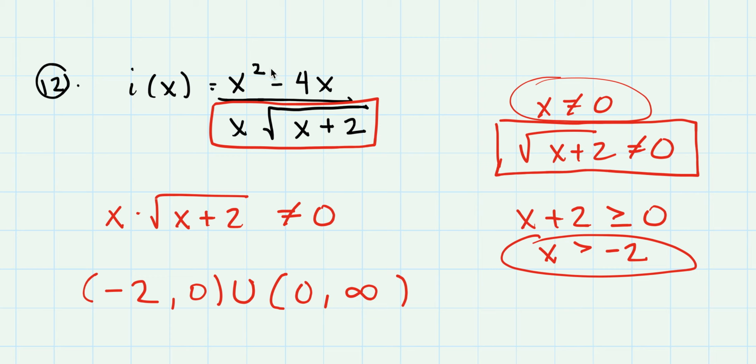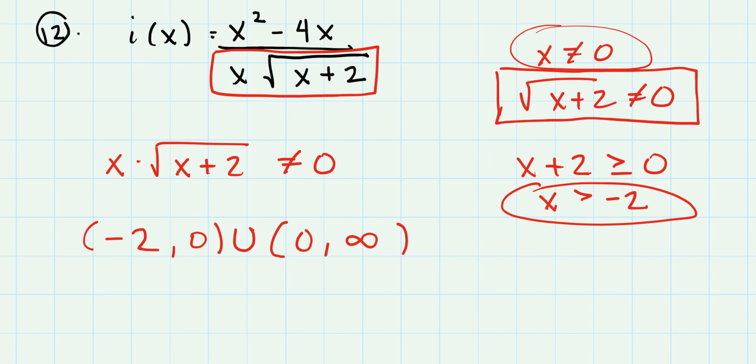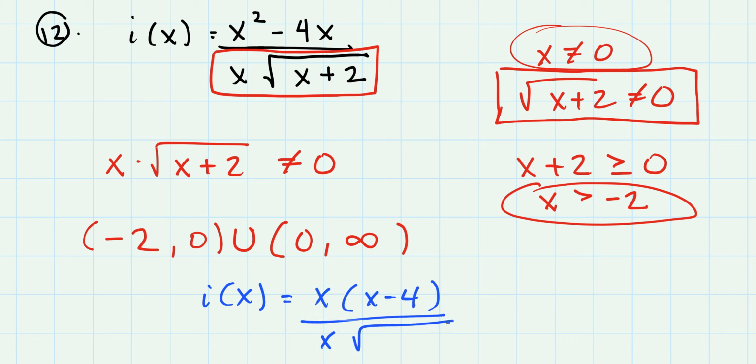All right, something you might have noticed is that there's a greatest common factor here. The greatest common factor is x. And something you might have thought was to say that I of x is x times x minus 4 over x square root x plus 2. And then you might have thought, oh, I can get rid of this x.